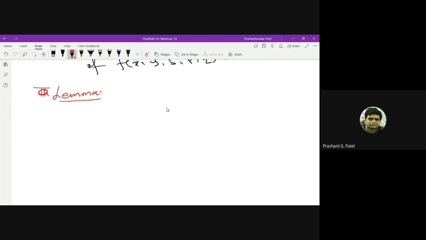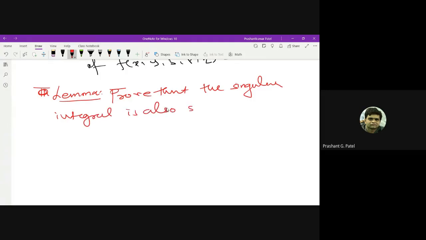Or I can say, prove that the singular integral, which is the singular solution, is also a solution for the given PDE. The singular integral is obtained by eliminating a and b from the solution, and it is also a solution. Let us give the proof for this.